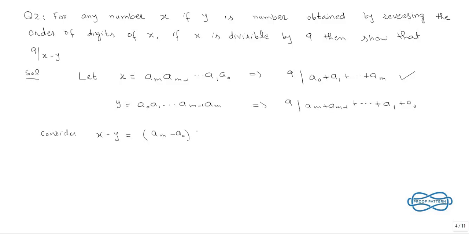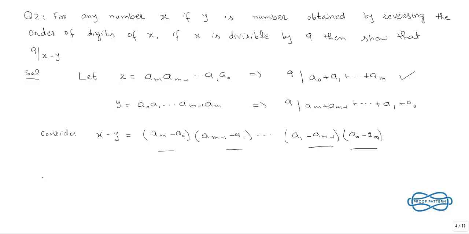Similarly, the next one will be a_(m-1) minus a_1, and so on, up to a_1 minus a_(m-1), and a_0 minus a_m. Now we obtained a new integer, which is x minus y, and these are the digits of the new integer.